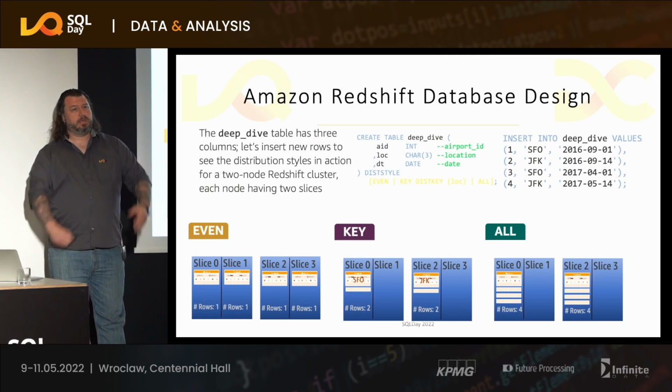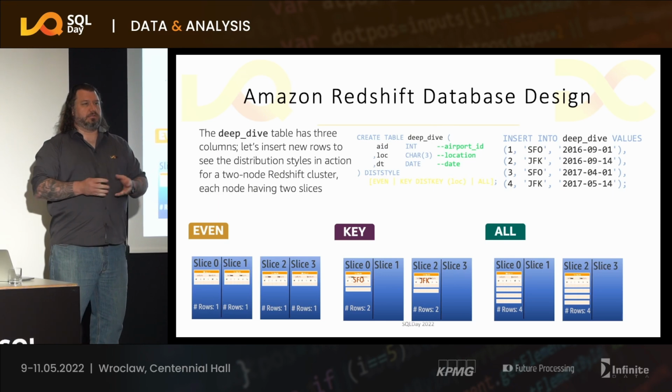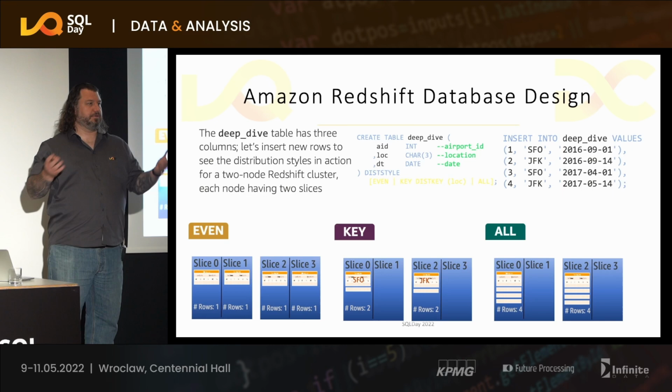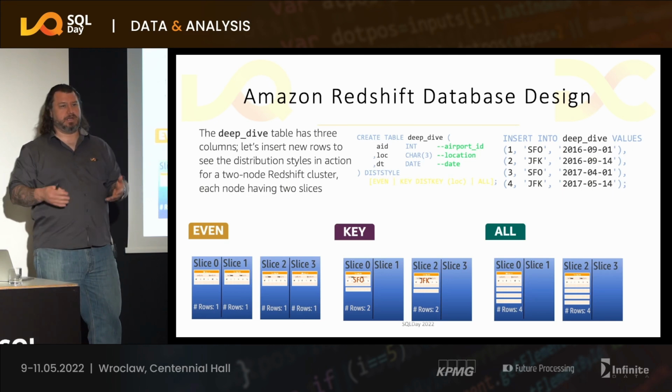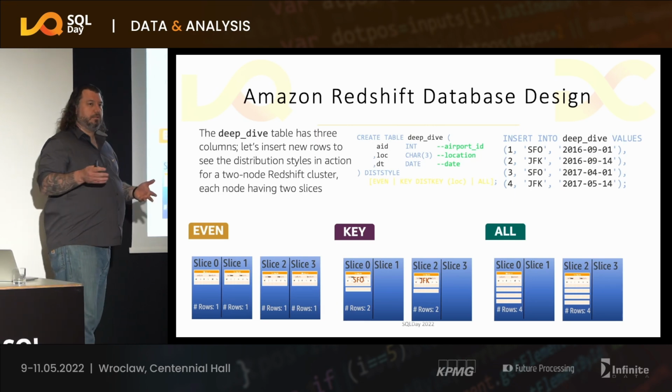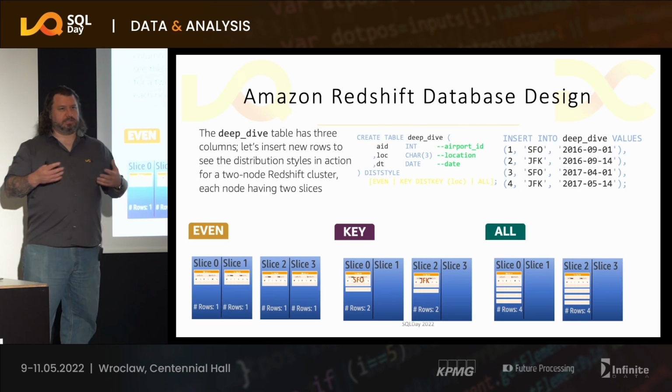So again, thinking about what we're going to be doing, is there going to be a case of, well, all of my fact tables join to date, for example? Well, maybe I want to put date on every single compute node to minimize that data shuffling, because I'm doing some restrictions and things like that on it.